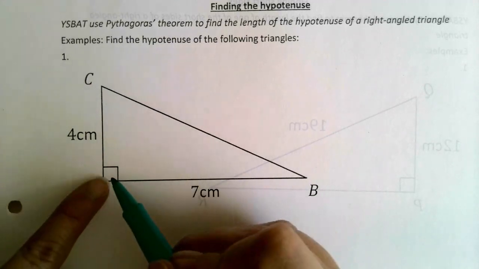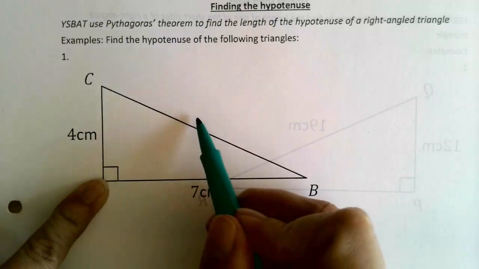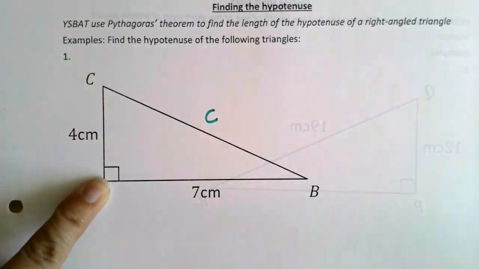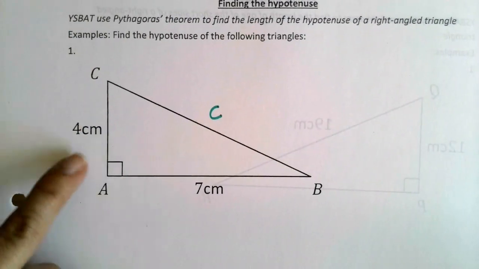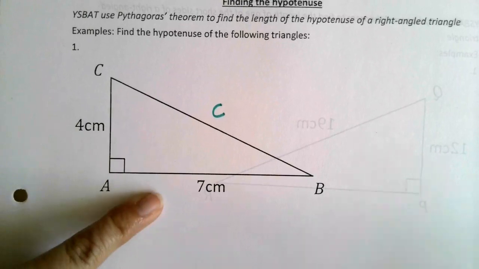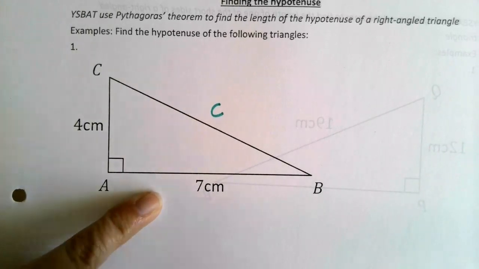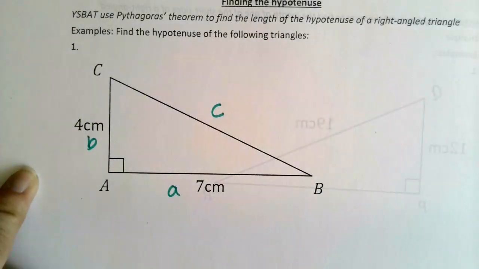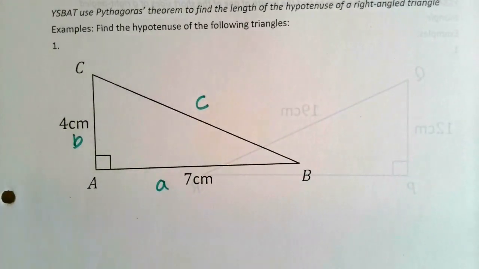So here's our right angle, and the side opposite the right angle is the hypotenuse, and if you remember from our equation, we always call it C. A and B do not matter. This one could be A or this one could be A. It does not matter at all. So let's call that one A and that one B. So we've labelled our sides.